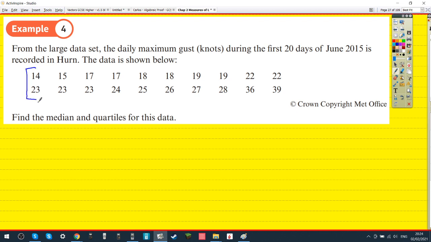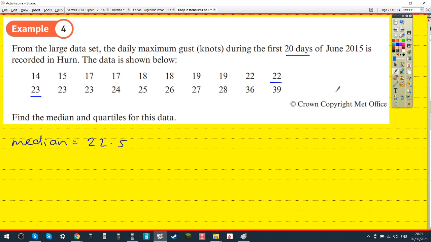There's 20 numbers in total, so that's the 10th number and that's the 11th number. Oh, right. I thought it was like a table. It's going in order. Okay. 20 days, so it'd be 22 and 23 divided by 2. Yeah, that's 22.5.